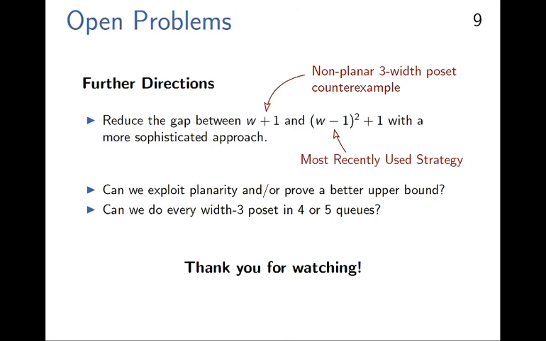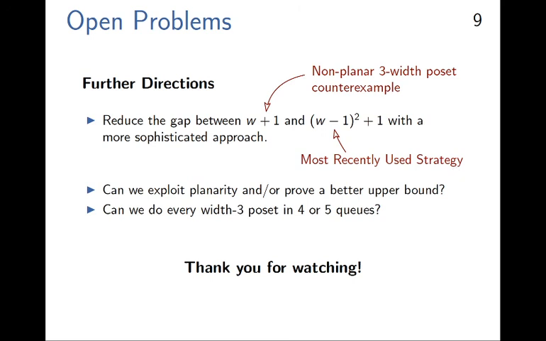Open problems. Of course, these two strategies are very simple, and we were able to show that the upper bound is also a tight bound. And the question is, can we close this gap between this counterexample to the conjecture and this queue number produced by the MRU strategy?